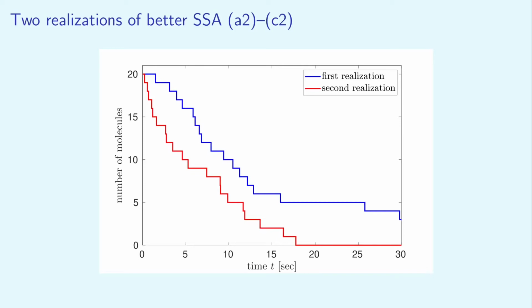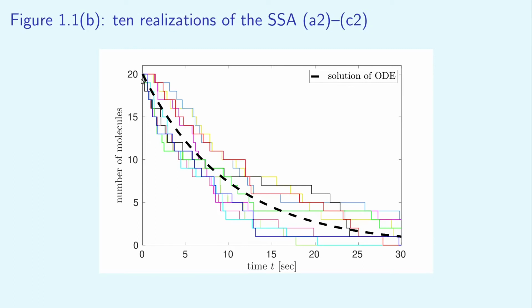Not only that, SSA A2C2 is also more accurate than the naive SSA because it exactly simulates the underlying stochastic process. In my next figure, I replot the ODE solution, this exponentially decreasing function, which we discussed previously. I also include 10 realizations of the SSA A2C2, which are plotted in figure 1.1b.